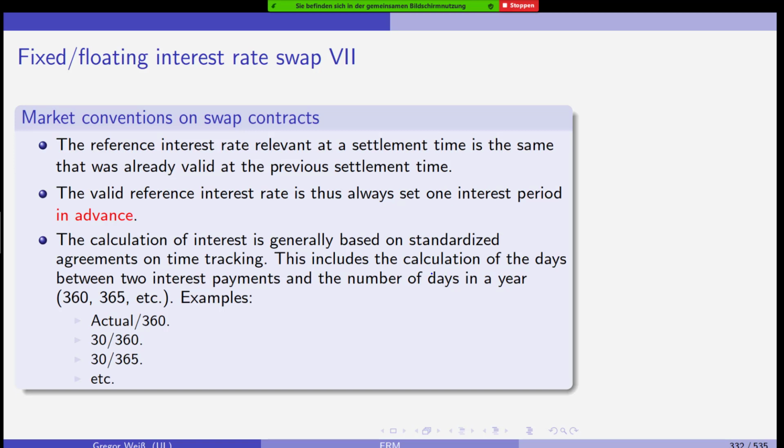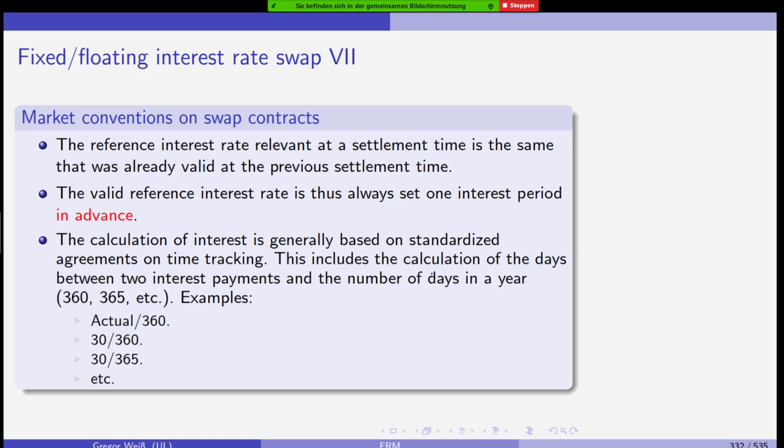So, some market conventions on swap contracts. Usually, the reference interest rate relevant at a settlement date is the same that was already valid at the previous settlement date. The valid reference interest rate is thus always set one interest period in advance. Then, because this is an interest-bearing product, you need to be sure when to pay how much interest on how many days in a month.